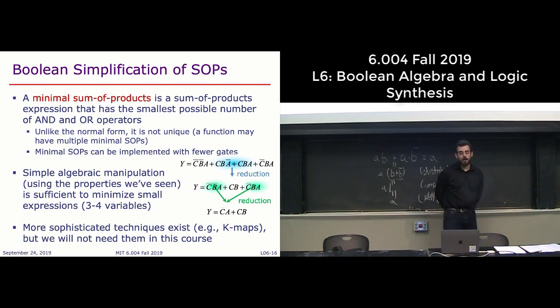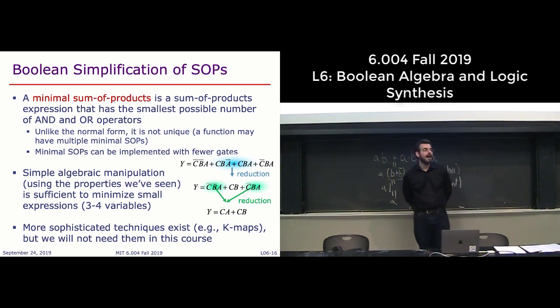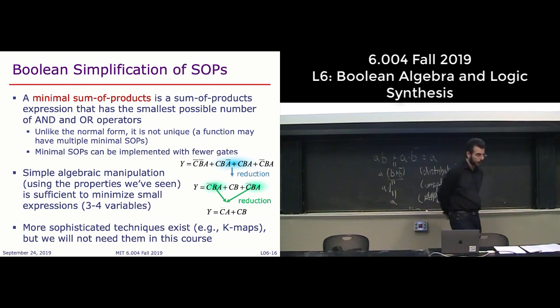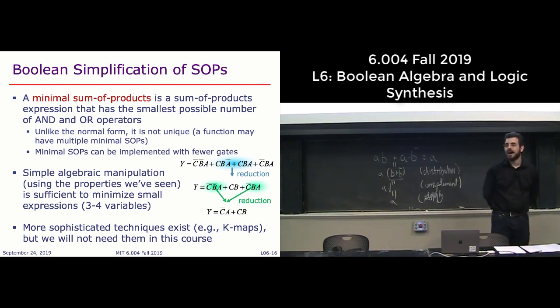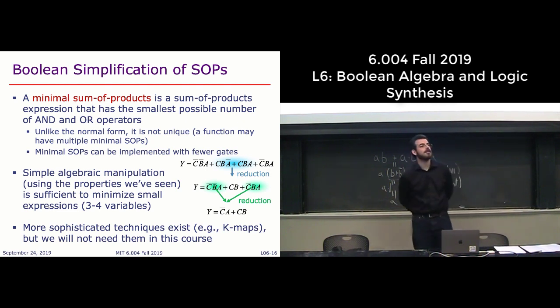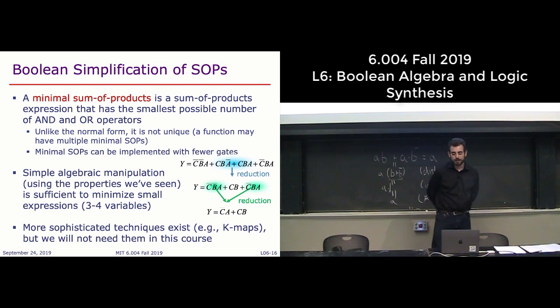Okay, there are more sophisticated techniques. So at some point in 004, we spent quite a bit of time talking about Karnaugh maps, which are a graphical technique to derive simpler expressions. And you're welcome to learn them on your own, but we're not going to require them here. We're just going to stick to algebraic manipulation for simplification.